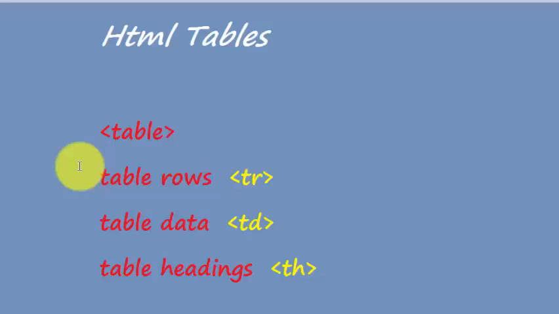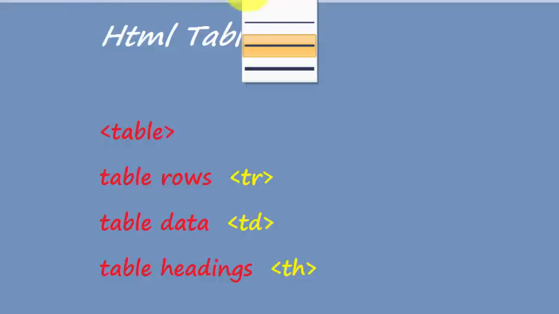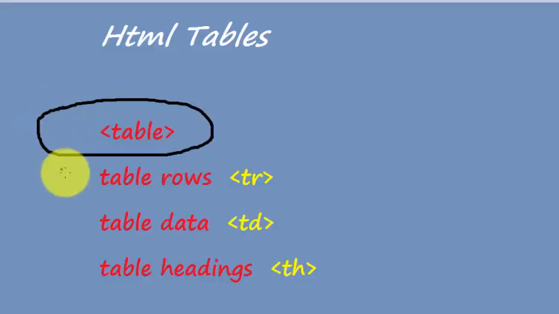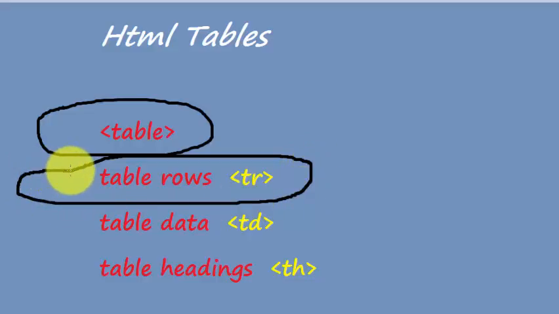Now in front of your screen, that's a table. As we know, in a table there are a number of rows and columns. TR stands for table row.